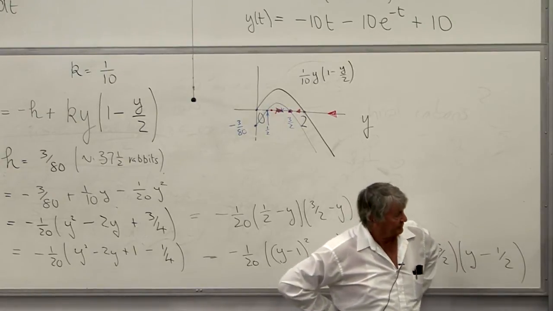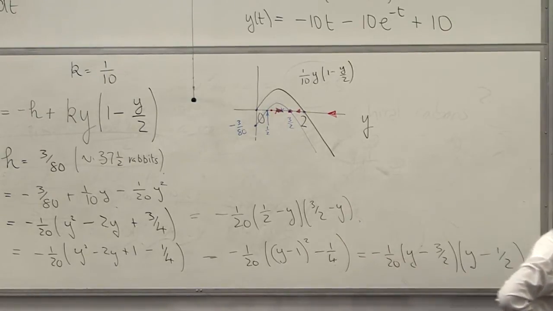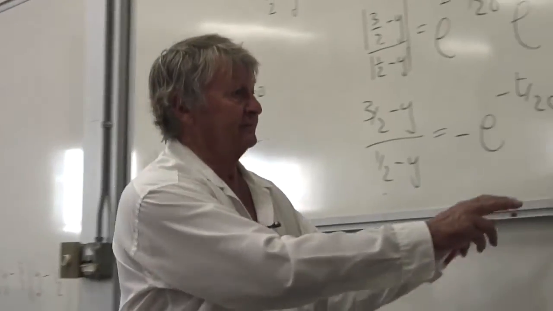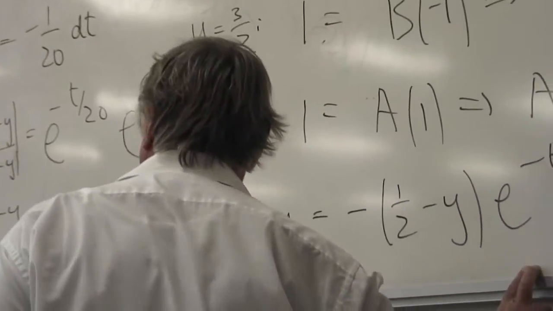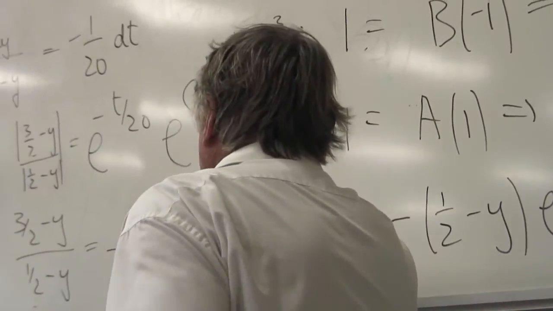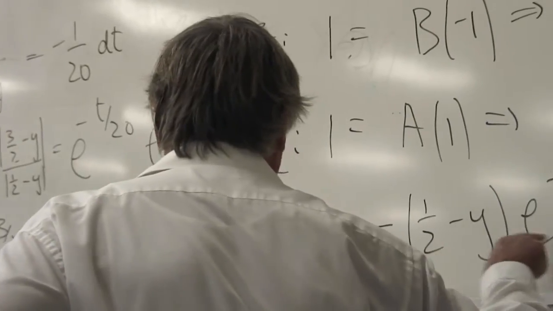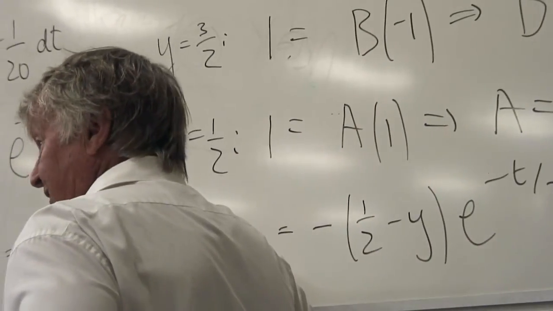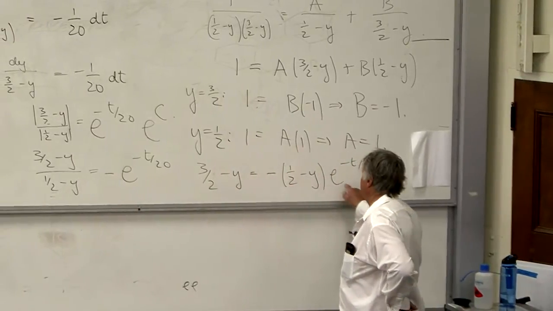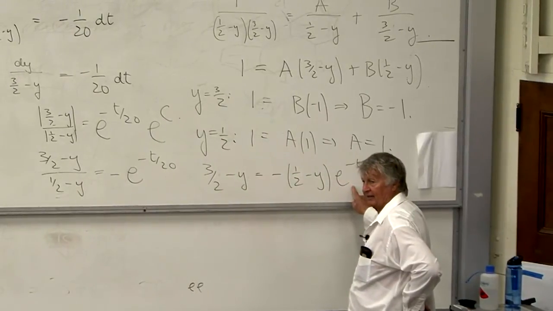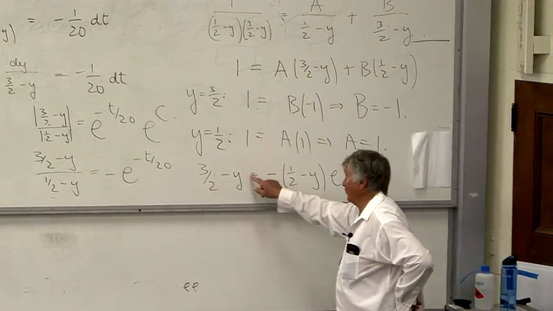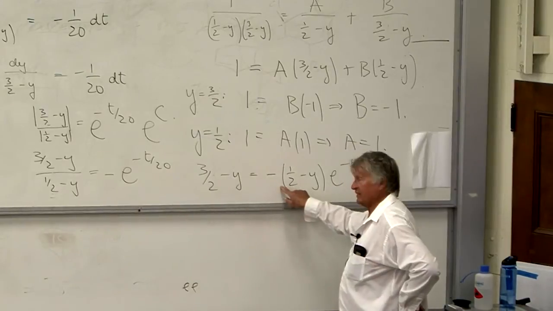Yes? Can you explain how you went from the equation on the bottom right there to the one on the bottom left? Yeah, okay. I'm going to bring this term here to the left-hand side. So it's 3/2 plus 1/2 e to the minus t over 20 equals, this y comes to this side.